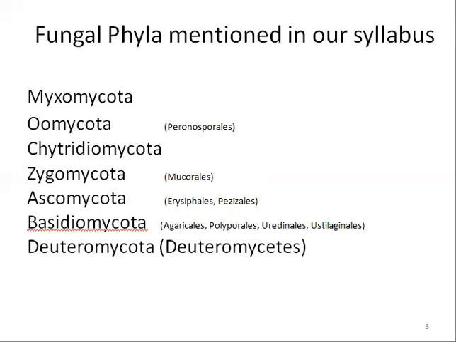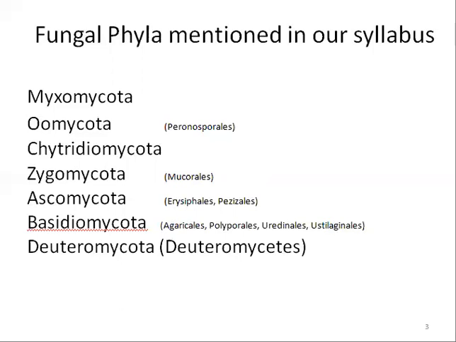In some fungal phyla, specific orders are mentioned, like among Oomycota, the order Peronosporales, and among the Zygomycota, order Mucorales. Among Ascomycota, Erysiphales and Physarum, and among Basidiomycota, Agaricales, Polyporales, Uredinales, and Ustilaginales are given.